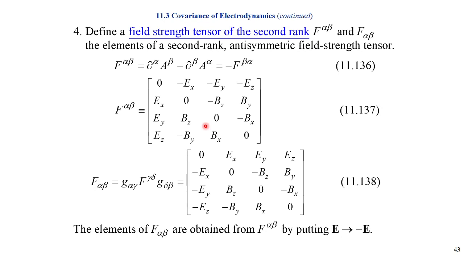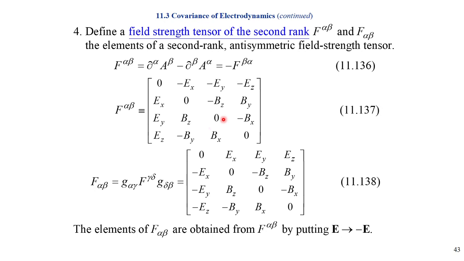How about the 4-tensor of the second rank? For a 4-tensor of second rank, we need 4 by 4, 16 components. So it's impossible unless they are anti-symmetric.